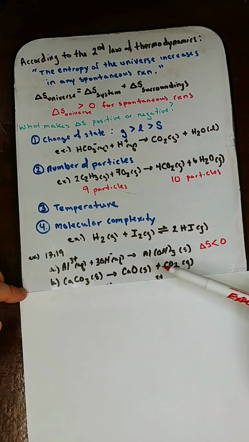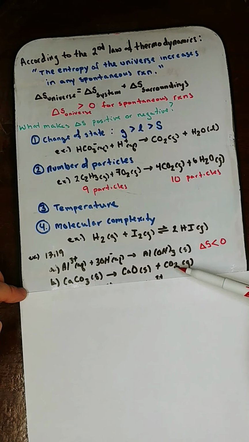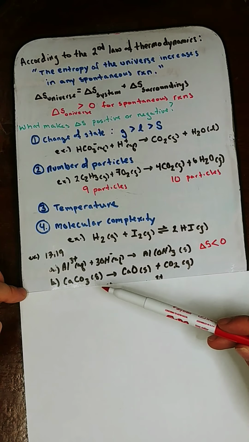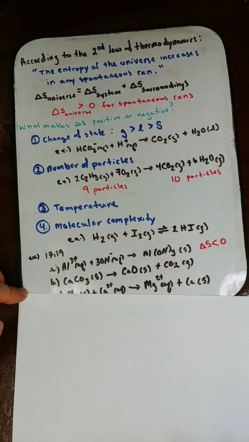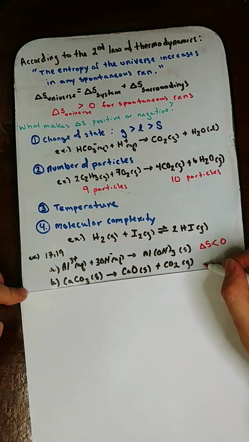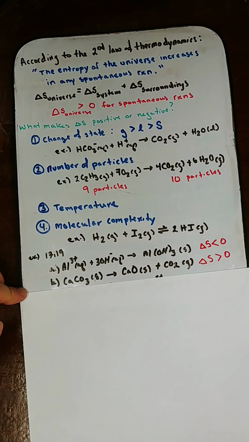I've increased the number of particles. I've gone from 1 to 2. And even more importantly, I've gone from a very organized solid to the extremely disorganized gas. So in this reaction, we can expect that the change in entropy will be positive. The disorder is increasing.